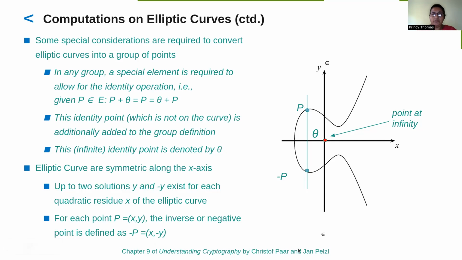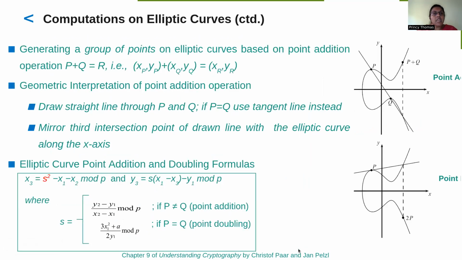Now, let's continue. Now we are going to look at how to do addition. From the rules of group, you know that they have additive property, associative property, identity property. 5 properties are there. Please go through that. So, generating a group of points on elliptic curve based on point addition operation P plus Q. How do we do P plus Q?